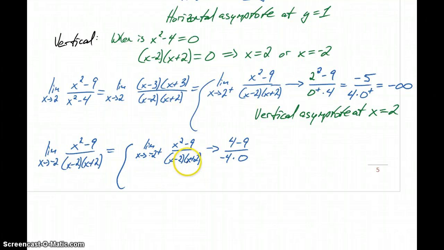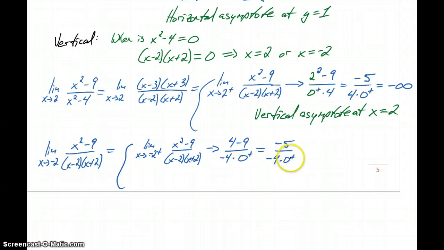But since we're coming from the right of negative 2, so we're adding negative 1.99, negative 1.99999, we're approaching 0, but from the right-hand side. So this is going to be equal to negative 5 over negative 4 times 0 from the right-hand side.